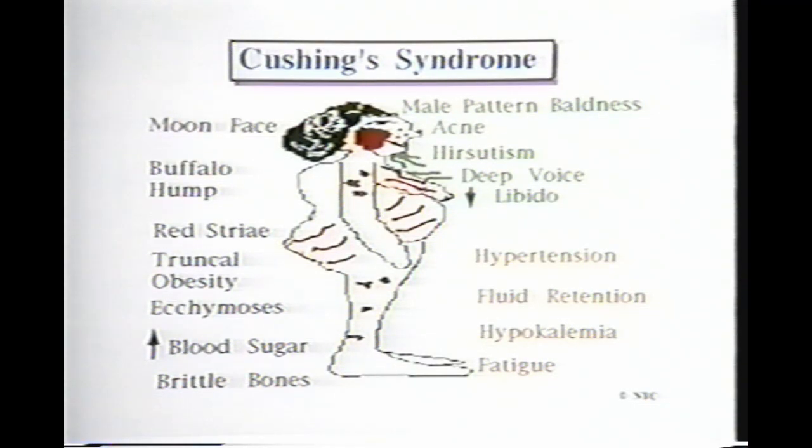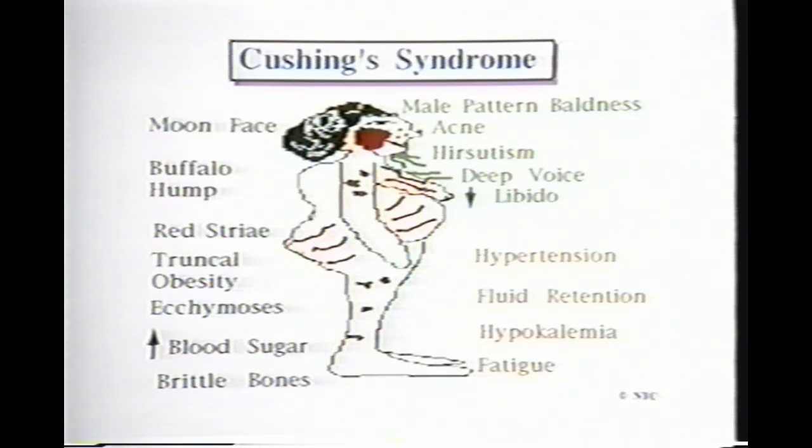Now I'd like us to look at a picture of Mrs. Cushing. Now this is by no means a real person, and I call this picture Mrs. Cushing because it really pulls together what we see in Cushing syndrome. And this is such an important one that I really want you to focus on those symptoms once again with Mrs. Cushing.